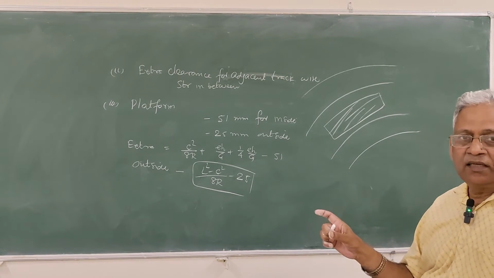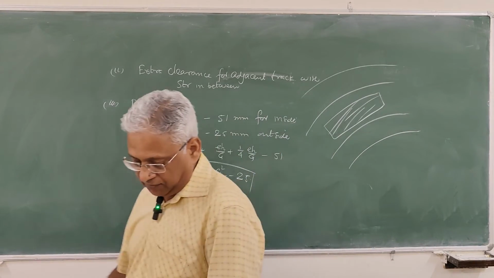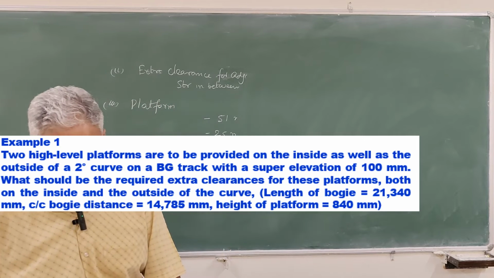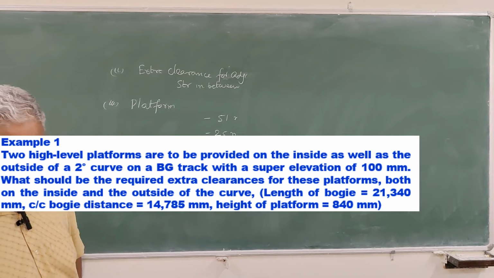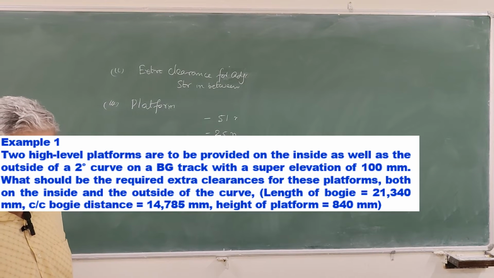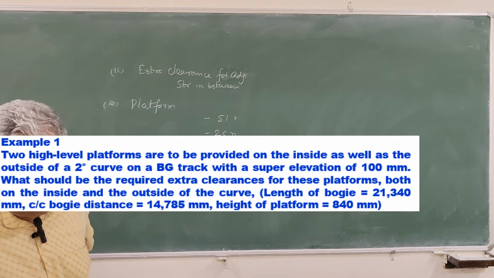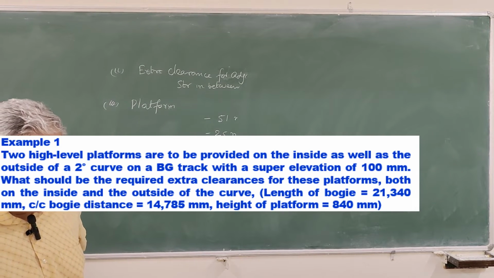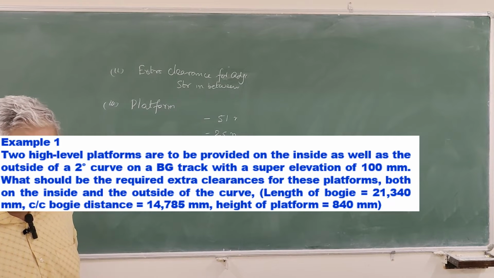Now to illustrate this, let me take one example. Two high level platforms are to be provided on the inside as well as outside of a 2-degree curve on a BG track with a super elevation of 100 millimeter. What should be the required extra clearance for these platforms, both on the inside and outside of the curve?